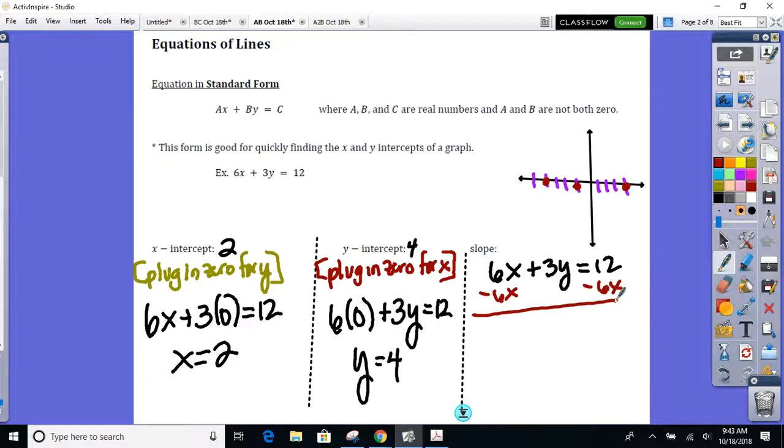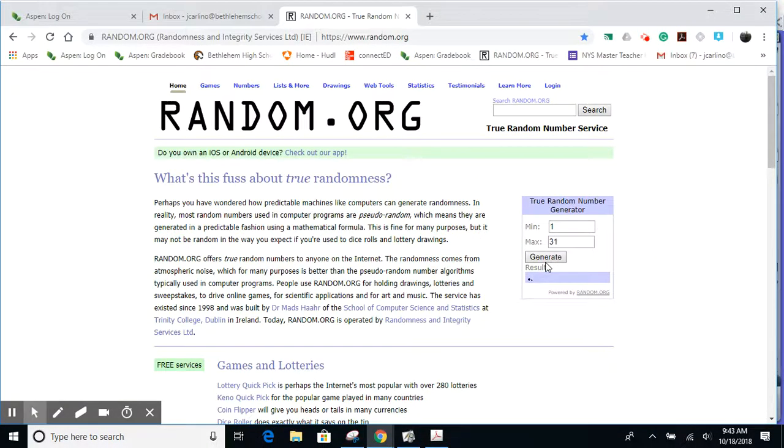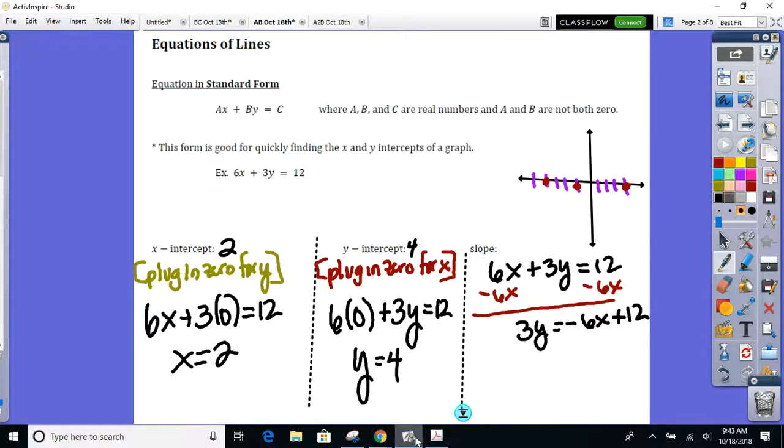Can you combine these two? 12 and negative 6x? Absolutely not. So you're just going to leave it 3y equals negative 6x plus 12. Y is almost by itself, almost. One last step to get it by itself. One last step. Divide everything by 3.